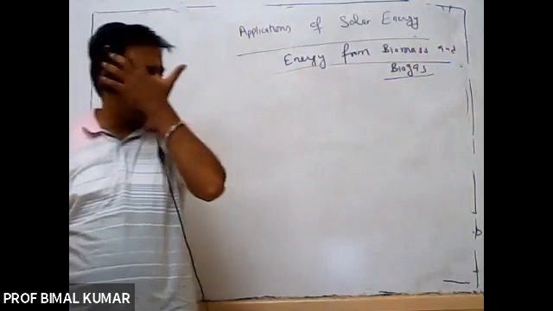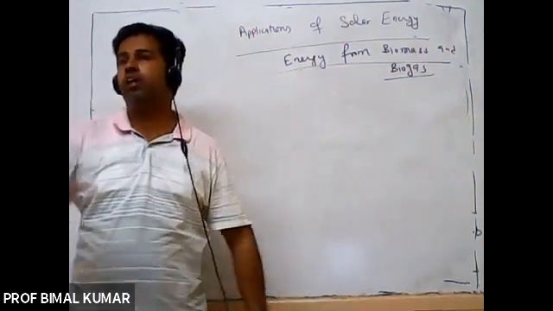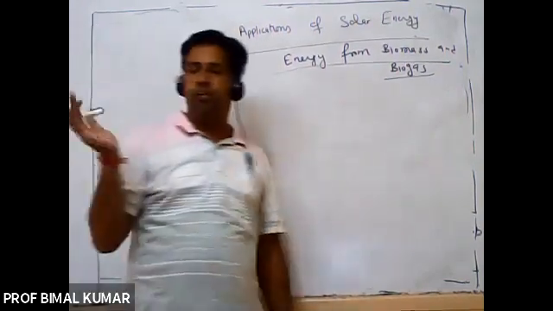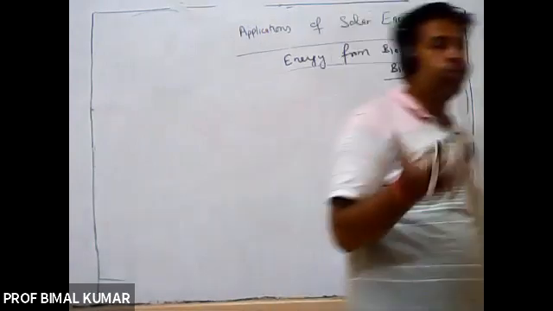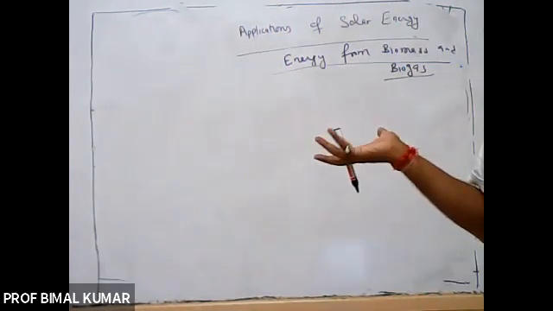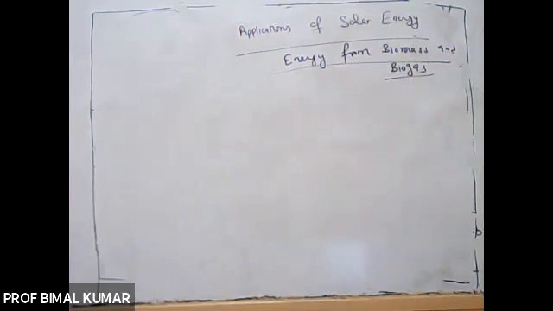That mechanical energy is used to rotate a turbine, which is again coupled with a generator or alternator, and that alternator is used to produce electrical energy as per Faraday's laws of electromagnetic induction. So this is the basic of the application.